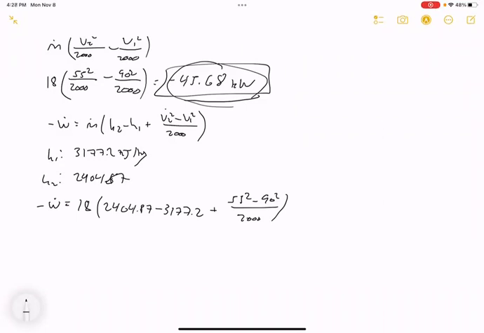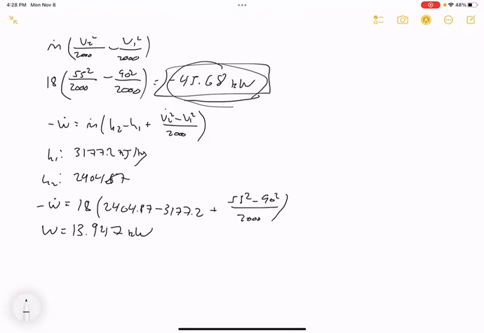So 2404.87 minus 3177.2 plus 1 over 2000 times (55 squared minus 90 squared). All of this multiplied by 18 times minus 1 gives me a work output, which is a positive number, that's good, of 13.947 kilowatts.